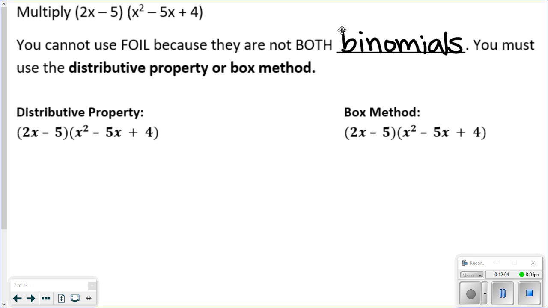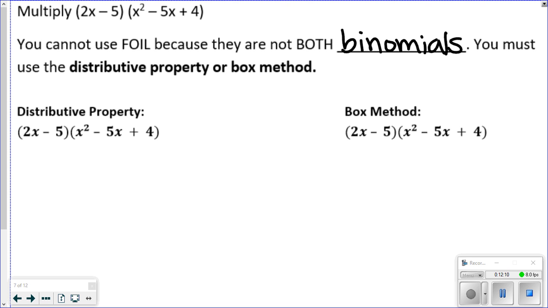So if I'm using the distributive property, take 2x and distribute it to x squared. So it'd be 2x cubed.